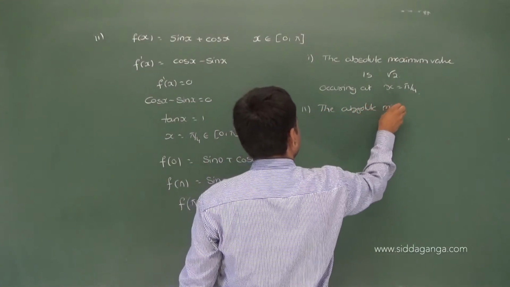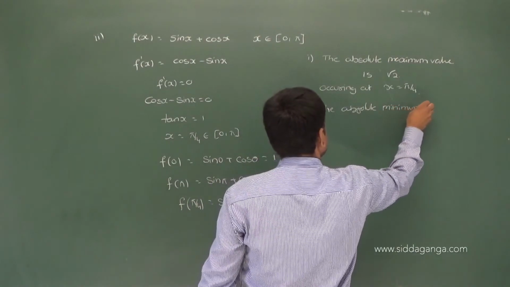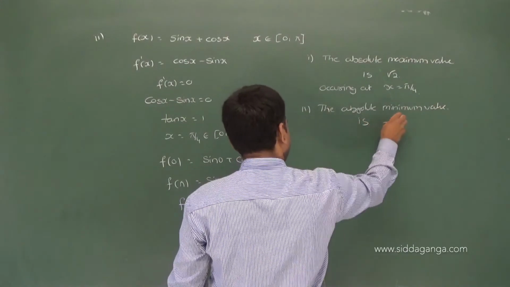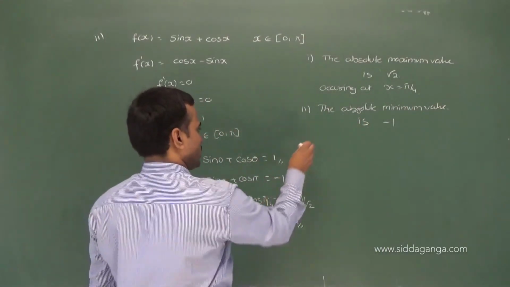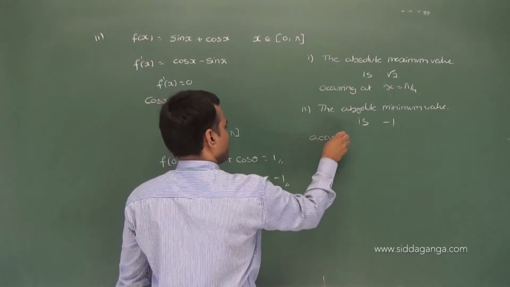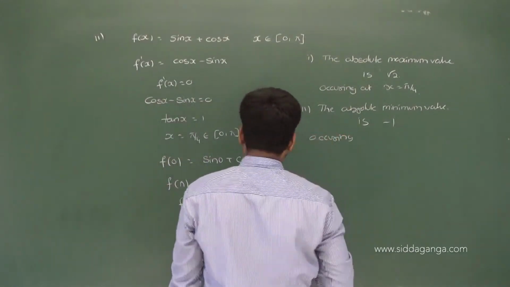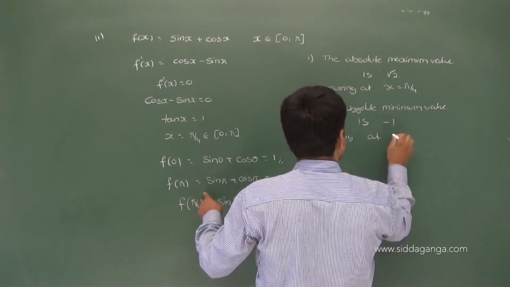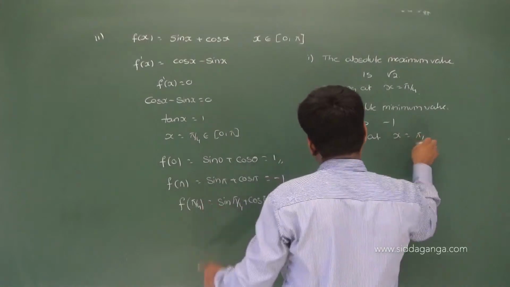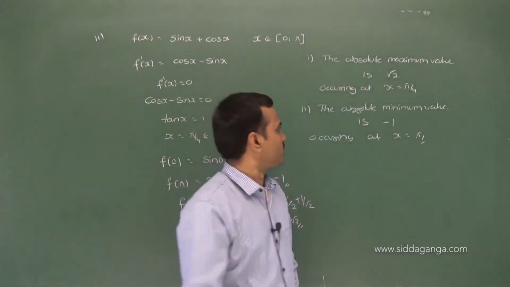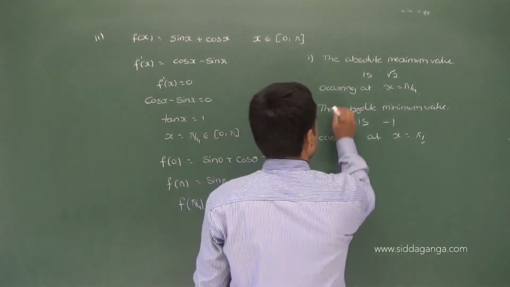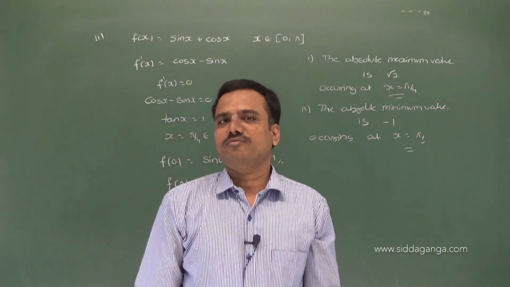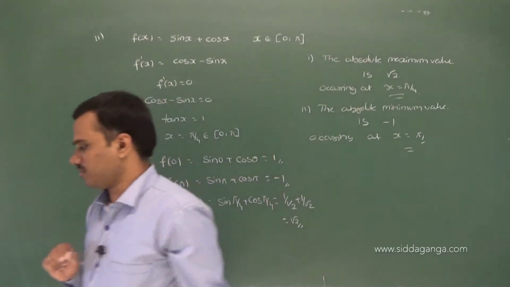Absolute minimum value is minus 1, correct? Minus 1 occurring at x is equal to pi. Absolute minimum value and absolute maximum value. Understand? Next problem.